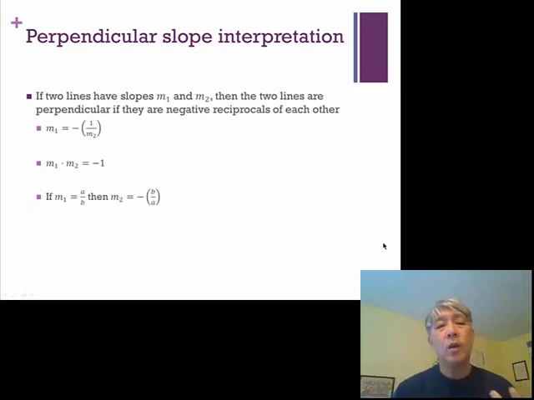In other words, m1 is equal to minus 1 over m2. Or, if I multiply the two slopes m1 and m2 and get minus 1, then the two lines are perpendicular. Last way to think about it: if m1 is some fraction a over b, then m2 would be the negative fraction b over a.